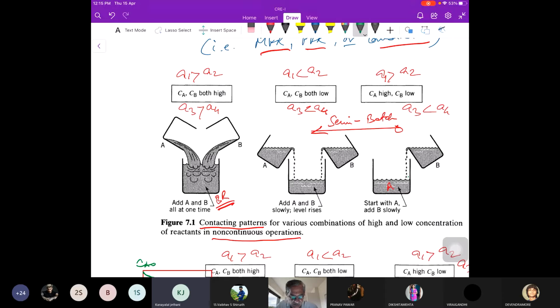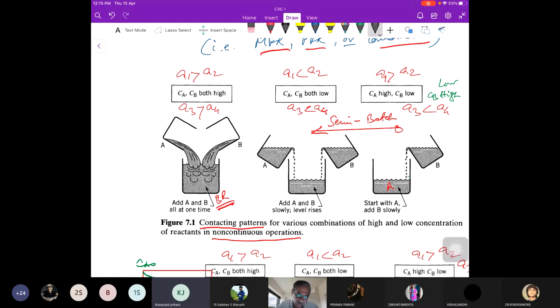ठीक है, समझ में आ गया तो I have a question. What will happen if I need, suppose, Ca low and Cb high? What kind of contacting pattern should I take? What should I do?